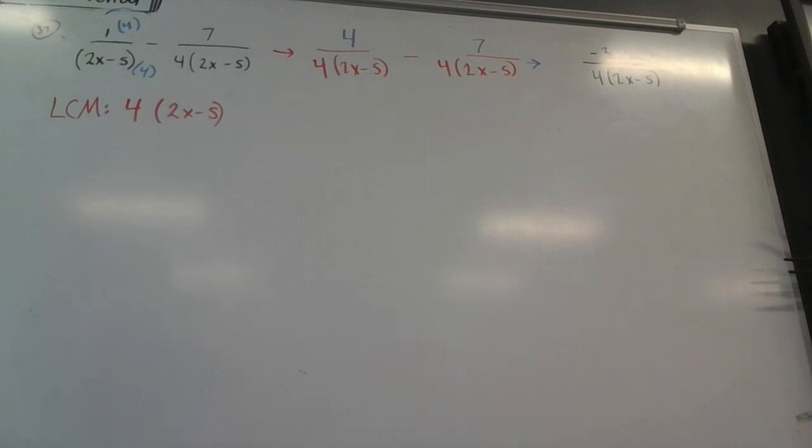The bottom doesn't really have to be rewritten, it's only one fraction. So that was step 1, which was simplify top and bottom by making a common denominator. So step 1's done. Now we will rewrite it horizontally.